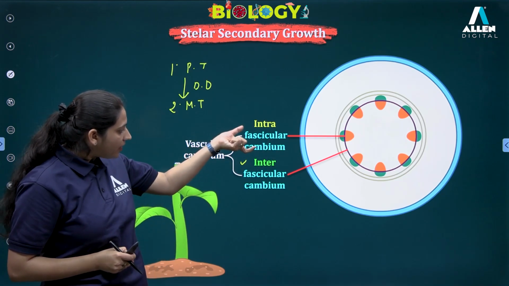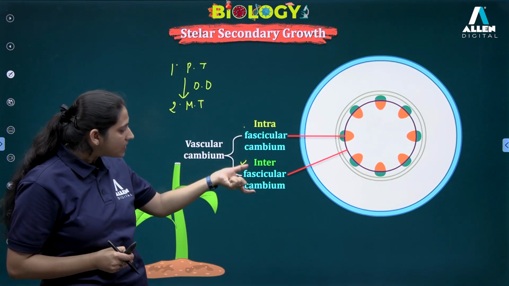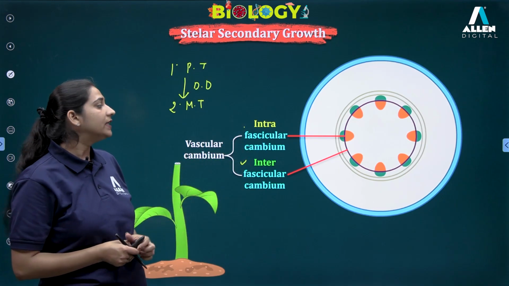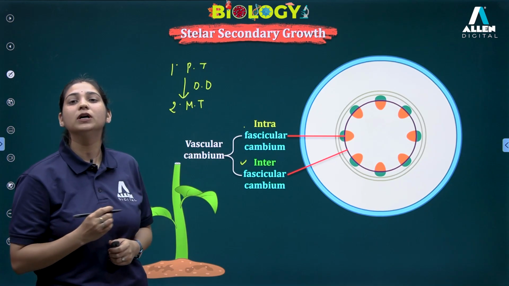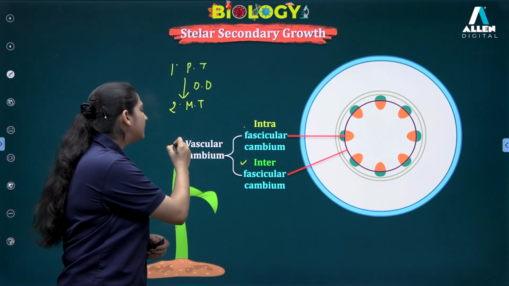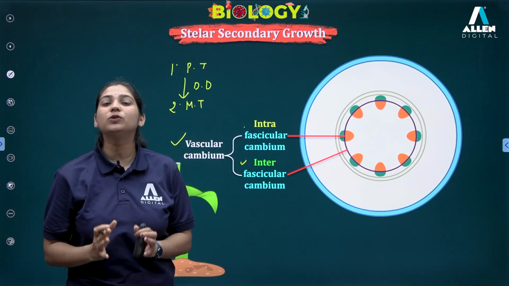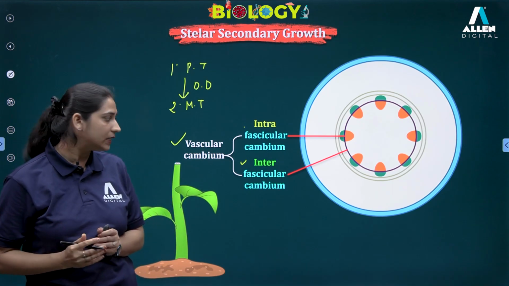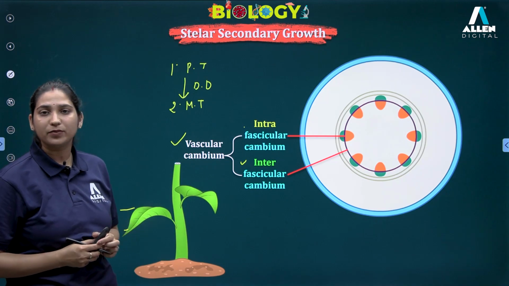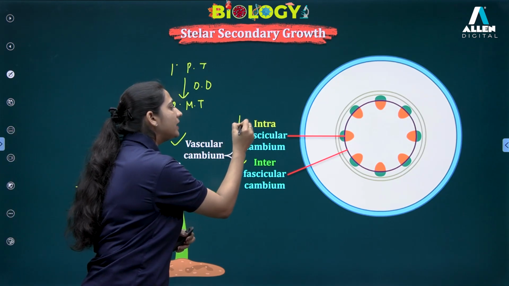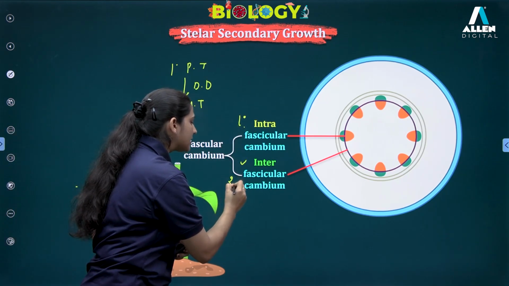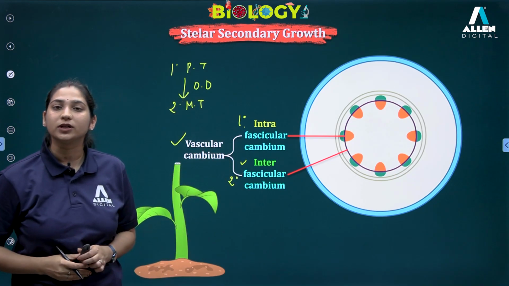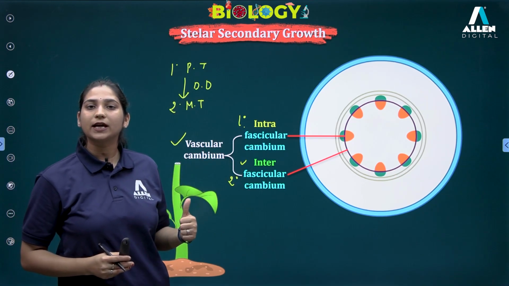So intrafascicular cambium plus interfascicular cambium join together to form a continuous ring called the vascular cambium. Here we have to note one point: the vascular cambium is both primary as well as secondary in origin. Why both primary and secondary?